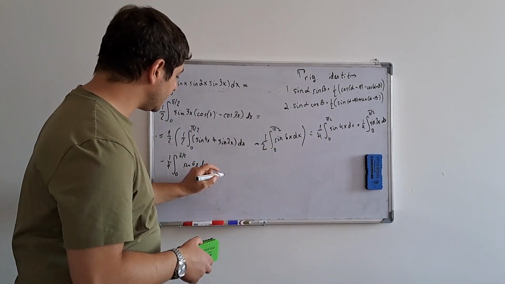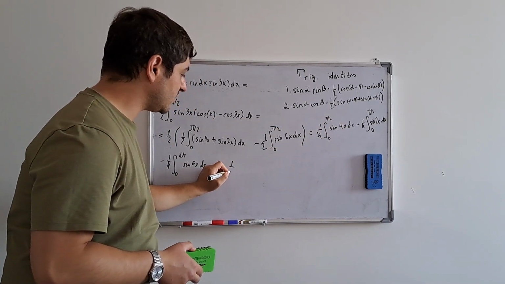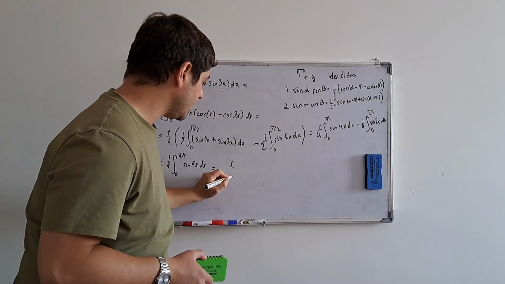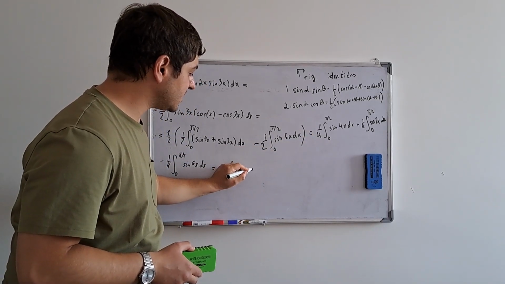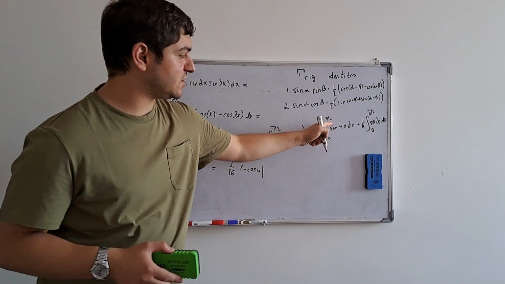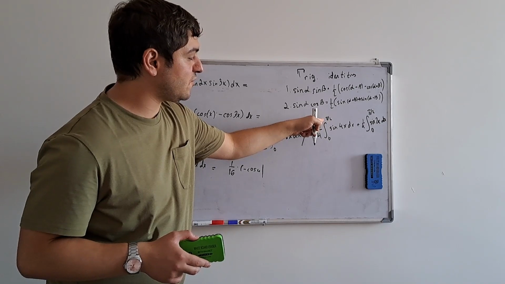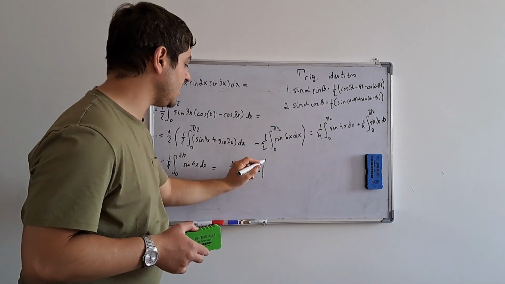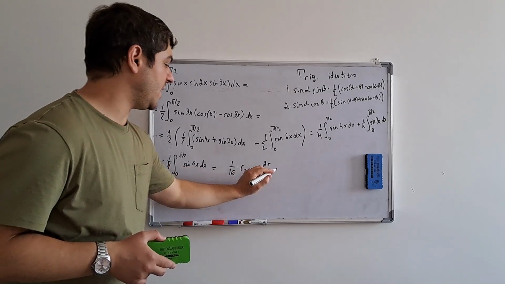I'll explain it later. So what I have here is 1 over 4 times 1 over 4, which gives me 1 over 16 times minus cosine u, and I will have to change the limits as well since 4x is equal to u. So I will have 4 times pi over 2, which will give me 2 pi, from 0 to 2 pi.